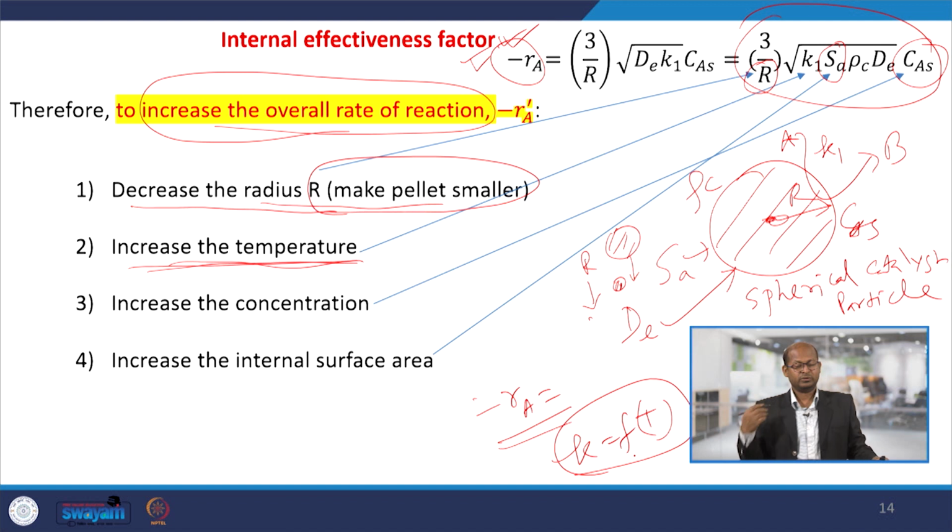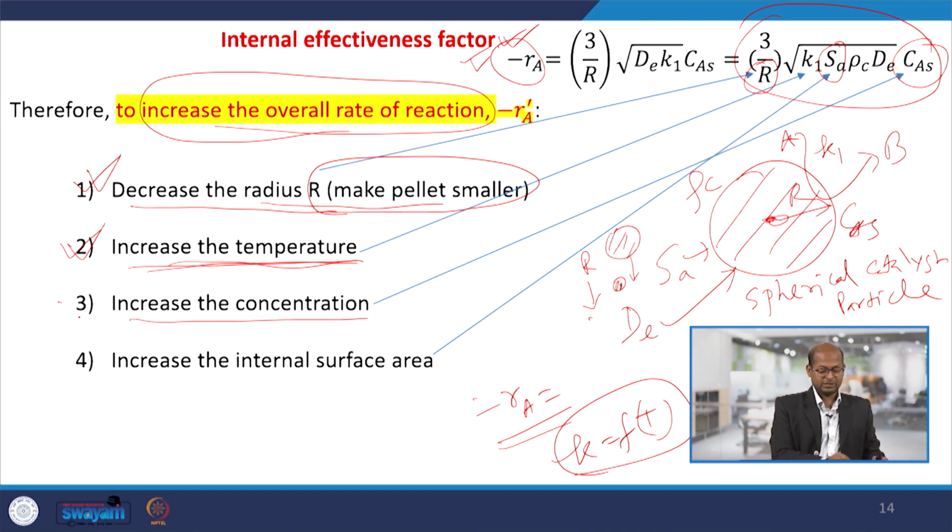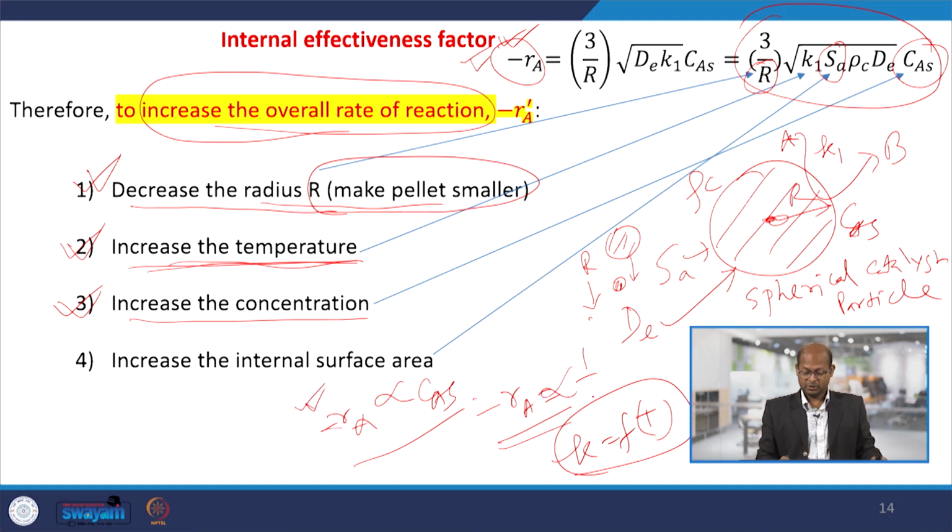So, to increase the rate of the reaction, we have to decrease the catalyst particle size, increase the reaction temperature, and increase the concentrations. Minus R A is directly proportional to C S, so surface concentration has to increase, and it is inversely proportional to R, and increase the internal surface area also. If we increase the surface area of the catalyst, then the overall rate of the reaction we can increase.